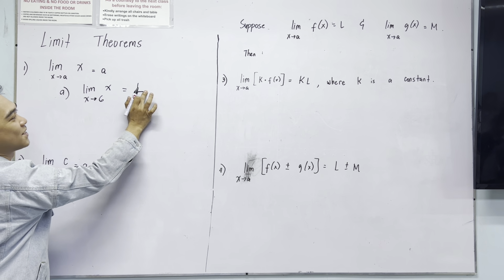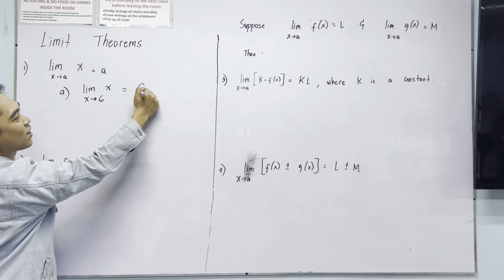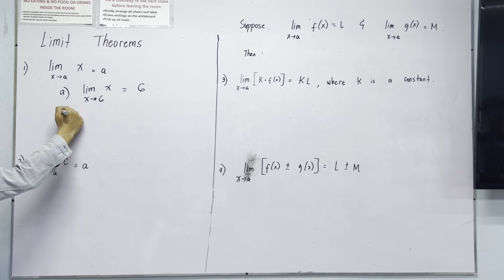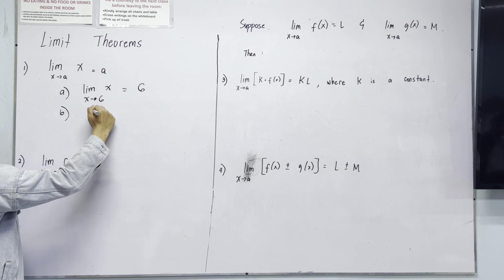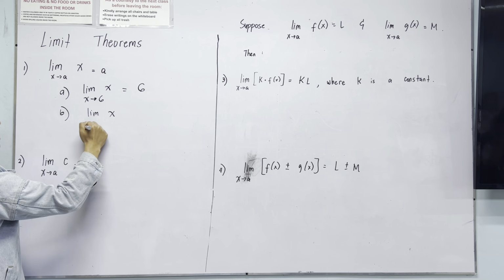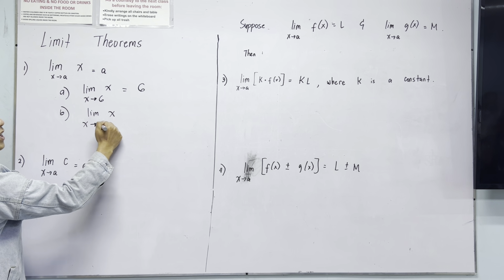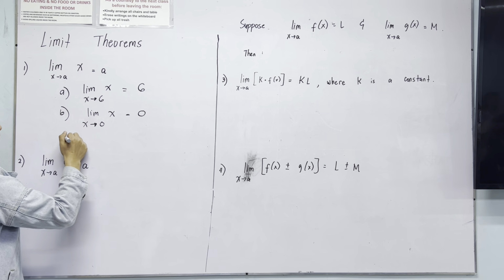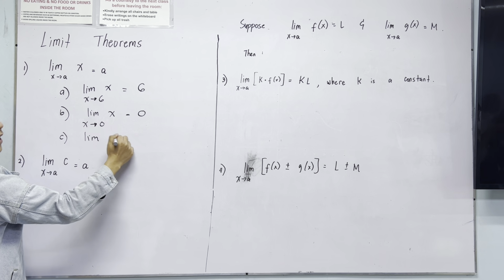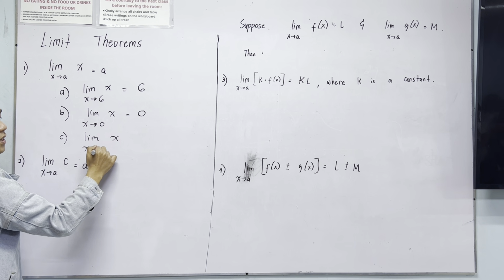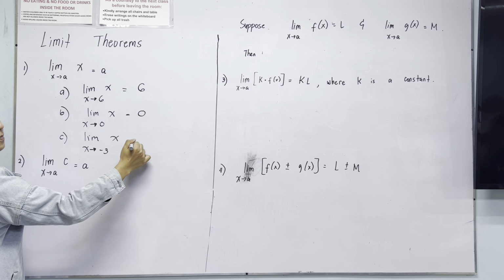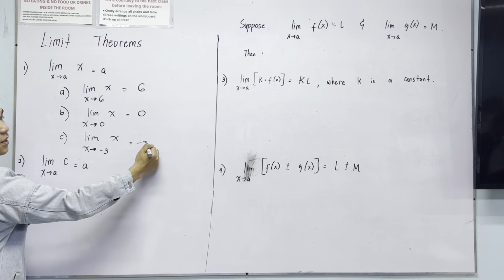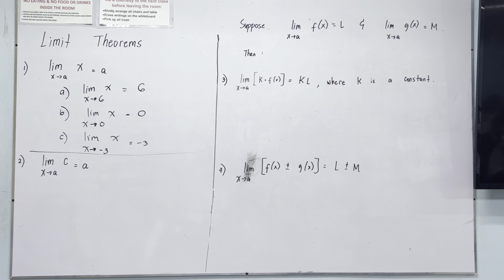Limit of x as x approaches 0. 0. Limit of x as x approaches negative 3. Negative 3. That is the first theorem.